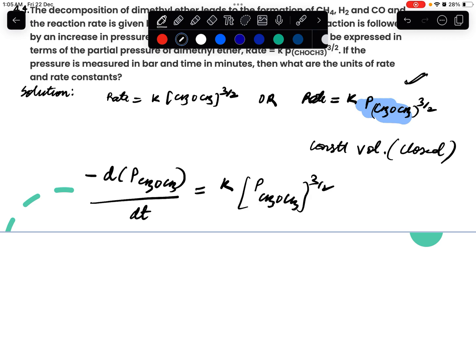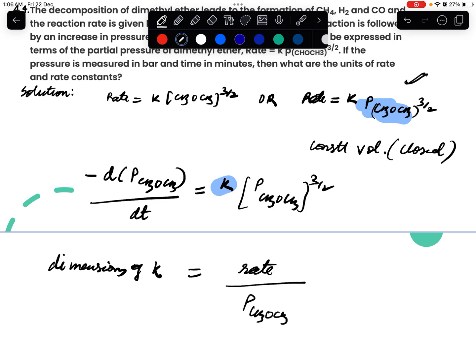Therefore, to find the dimensions of k, we rearrange this equation and take the pressure term to the other side. The dimension of k will be rate in the numerator and, in the denominator, the concentration term, which is the partial pressure of CH3OCH3 raised to the power 3/2.